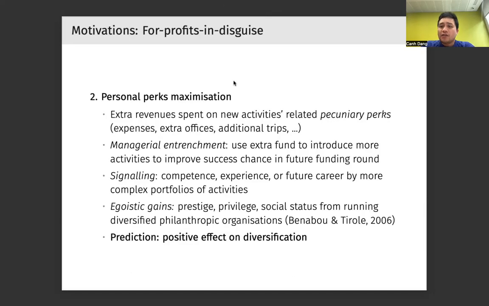Now, relatedly, if the NGOs are motivated mainly by personal perks maximization, for example, they will try to offer more and more activities to be able to claim more expenses, to be able to offer more offices, to go on additional trips, or to make the managers more desirable in the future job market, or for the managers to signal their competence, their experience, or advance their future career, or simply some egoistic gains, for example, to improve the prestige, the privileges associated with diversifying more, or the social status from running a diversified, complex activity portfolio.